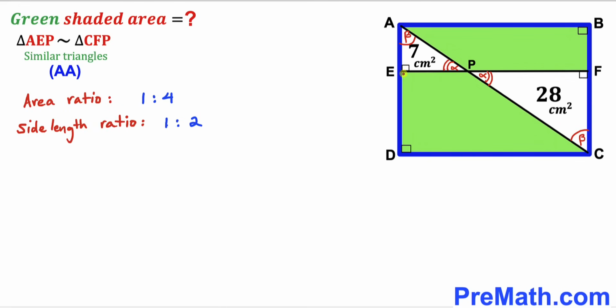If I label segment EP as a, then PF is 2a. Likewise, if I label segment AE as b, then FC is 2b.